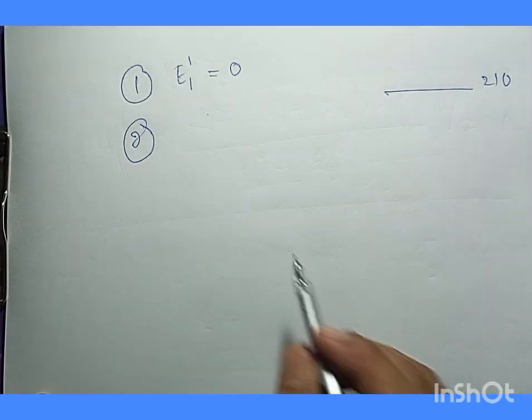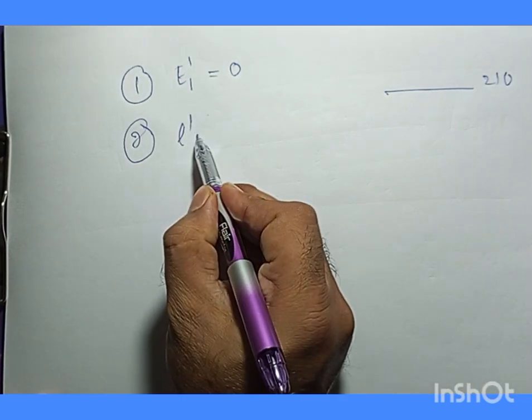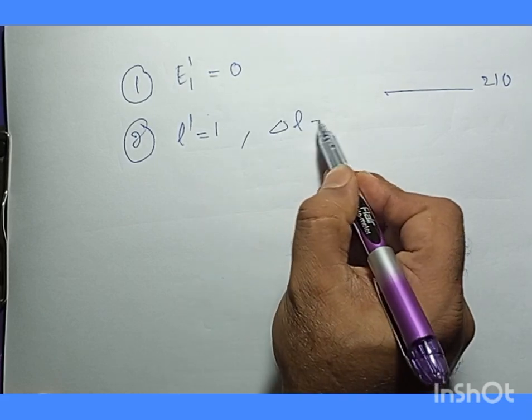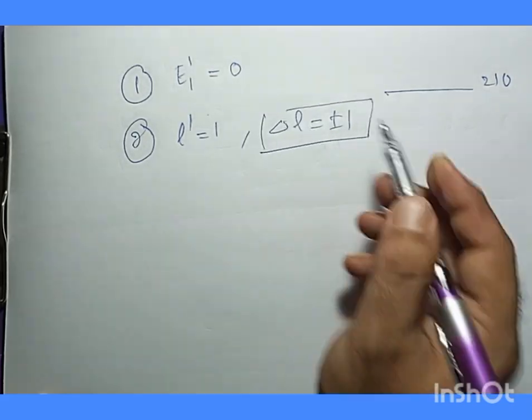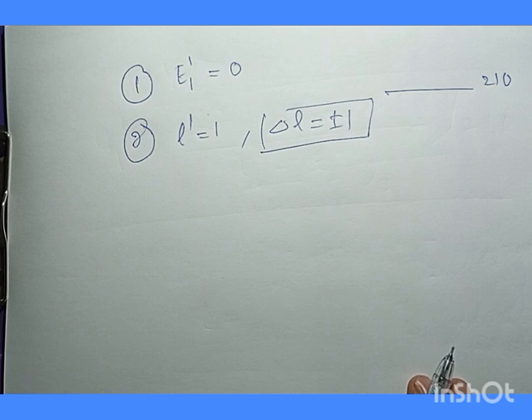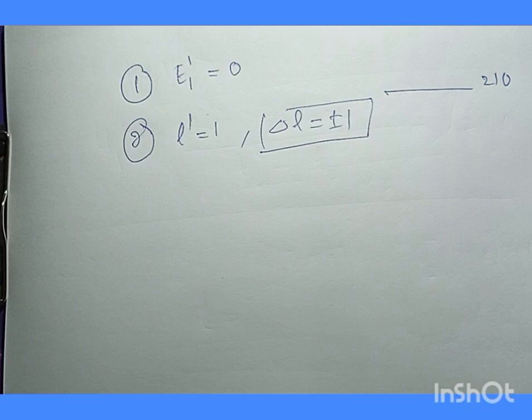For those states where L dash is equal to 1, or delta L changes by plus minus 1, we have a non-zero value. The problem we discussed illustrates the non-degenerate perturbation theory applied to the hydrogen atom, and it highlights the key steps in computing the first order energy correction, which turns out to be 0 in our case, and finding the first order wave function correction.